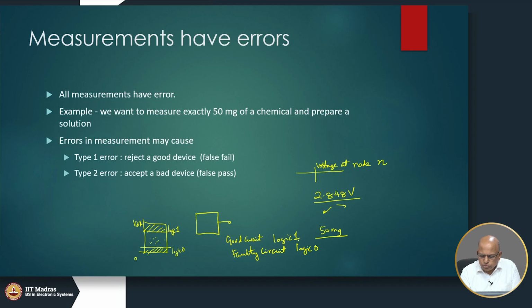You were supposed to read the output as a logic 1, but you read it as logic 0, and you will declare that it is a bad circuit. That is called a false failure.